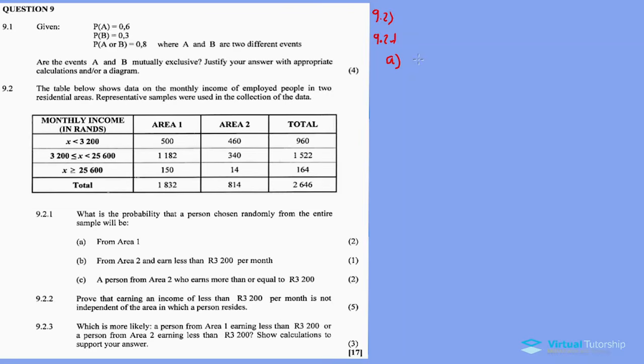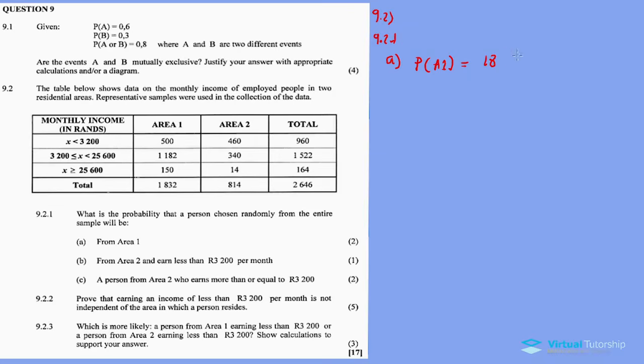So therefore the probability of area 1 is equal to the total for area 1 divided by the total number of people in both area 1 and area 2.